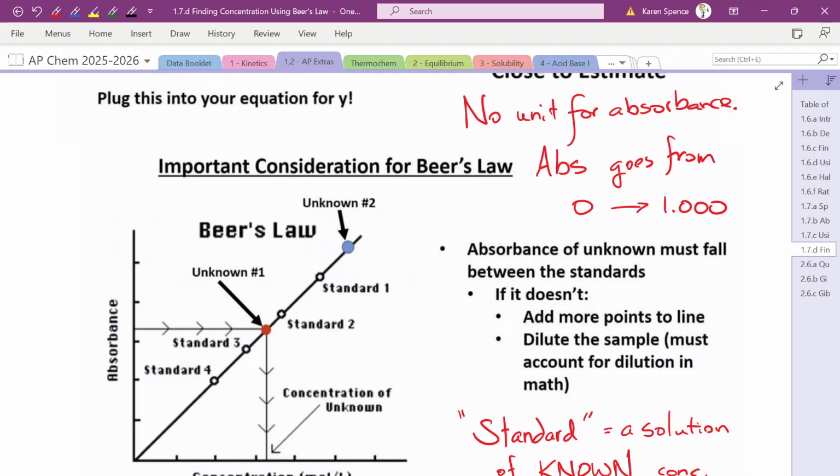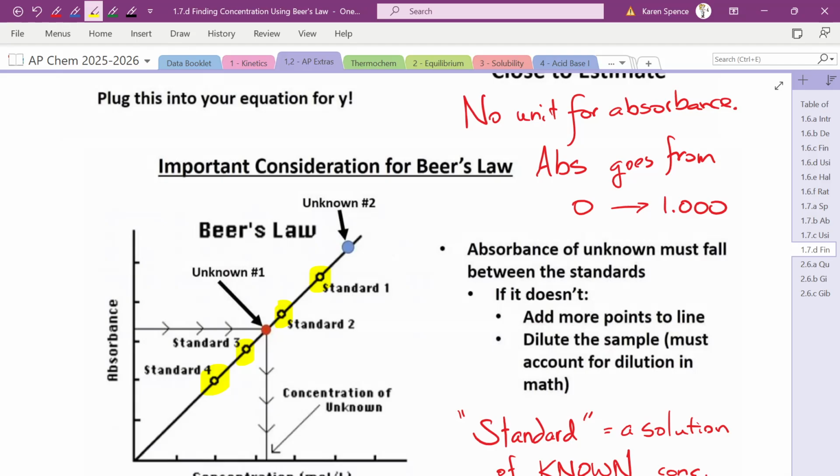And so on our graph, we have 1, 2, 3, 4, 5 dots. Unknown number 1 falls in between, or actually we've only got 4 dots in this particular case. We've got standard 1, standard 2, standard 3, standard 4. Unknown number 1 falls in between those. So you can do that.